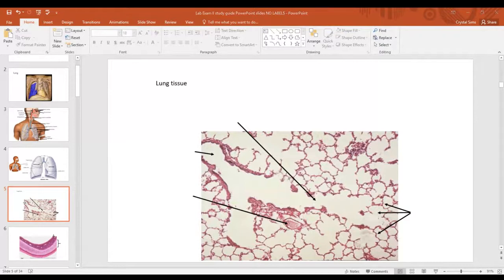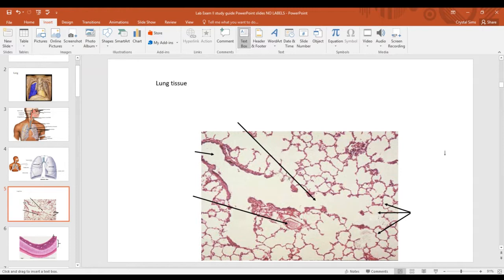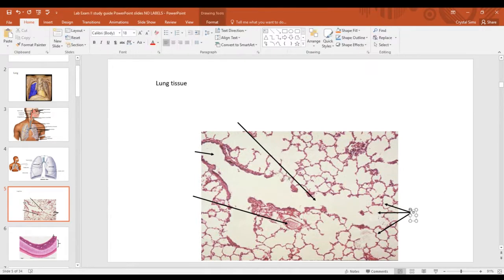And what is the cardiac notch? What is it there for? Where the heart sits, right?